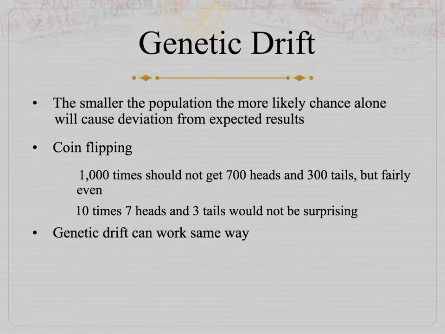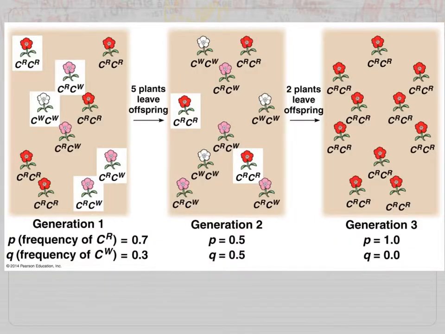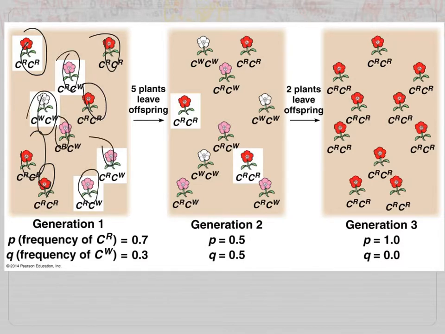Okay? So genetic drift can actually work in the same way. The smaller the population, the more skew we can see towards one way or the other. So here's an example of genetic drift. If we look at generation 1, we started with 5 red flowers, 4 pink ones, and 1 white one.